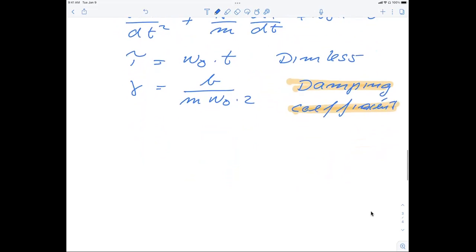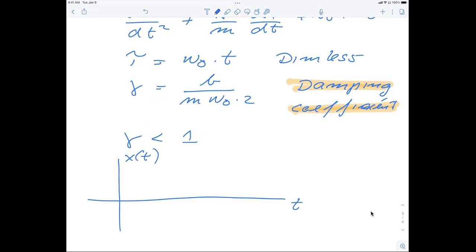So what we saw last time was the following. We looked at a case where this gamma was smaller than 1. In that particular case, when we did the numerical analysis and looked at the displacement x as a function of time, we would start at some initial value x0 at time t0, and then we would see something like this.